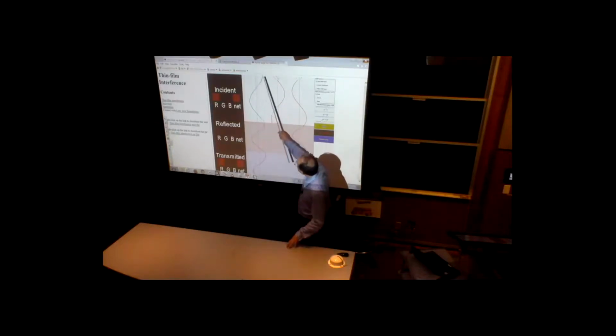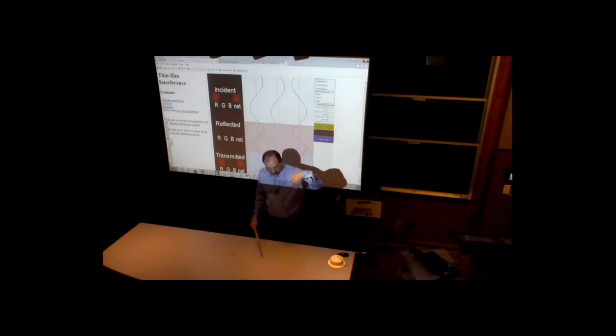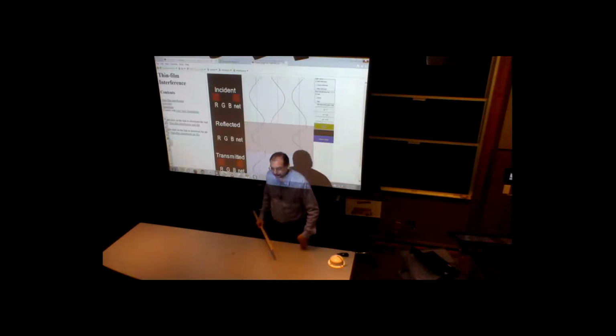And so an incident ray reaches this interface, and here we observe two phenomena. One we call reflection, second we call refraction. However, again, in the easiest situation, when light travels straight down perpendicularly to the surface, it doesn't bend.